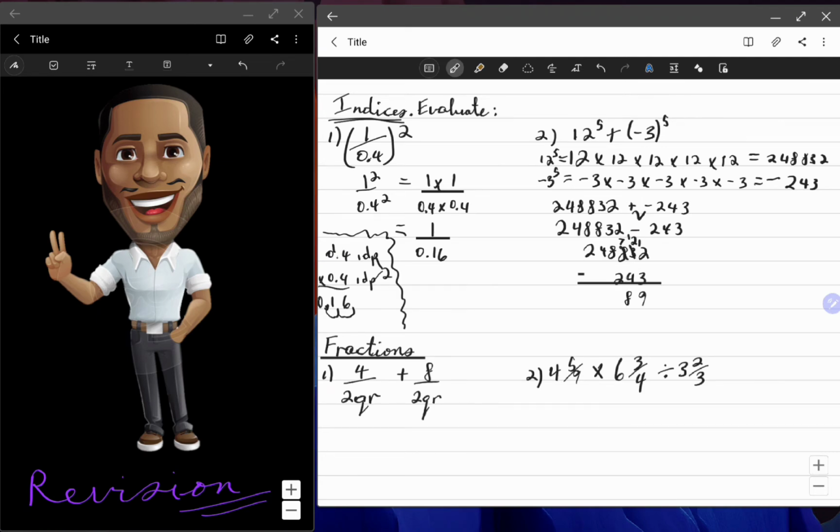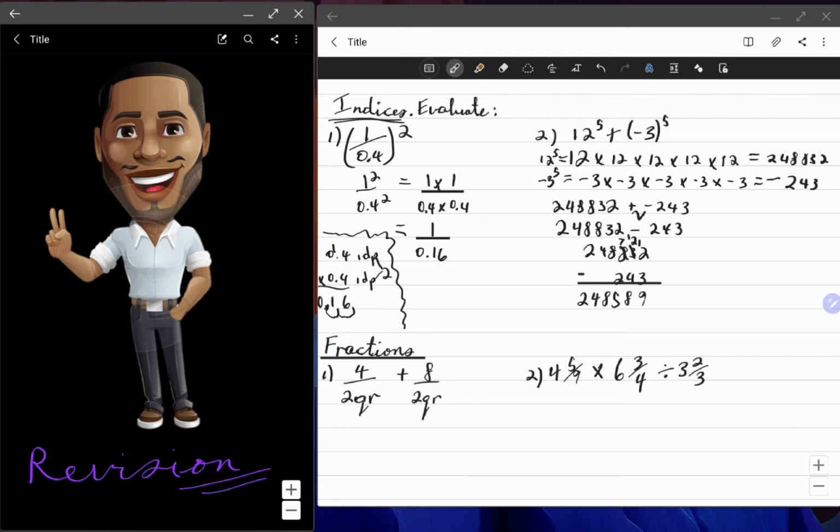And then 7 take away 2 gives us 5, and then we'll just write back the rest of the numbers since they're not being taken away from anything. Alright, so our final answer is 248,589. Very simple, very easy.